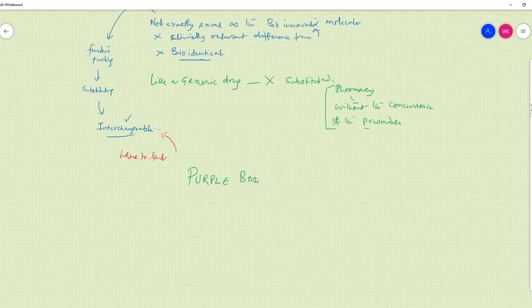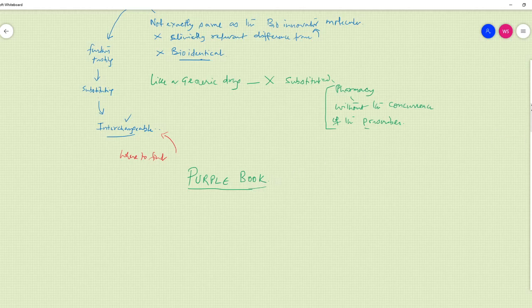The Purple Book is the database of all the biological drugs which have been licensed, and it also contains information of biosimilars and interchangeable drugs. So that is the official source.